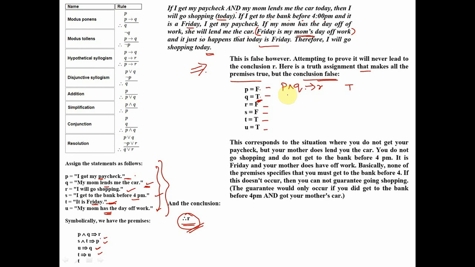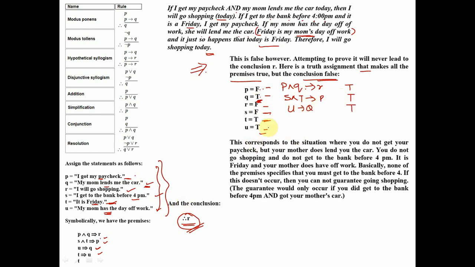true. S and T implies P. S and T, once again false, implies P, false implies false is again true. See, the second premise is also true. Third premise says U implies Q. U implies Q. True implies true, again true.